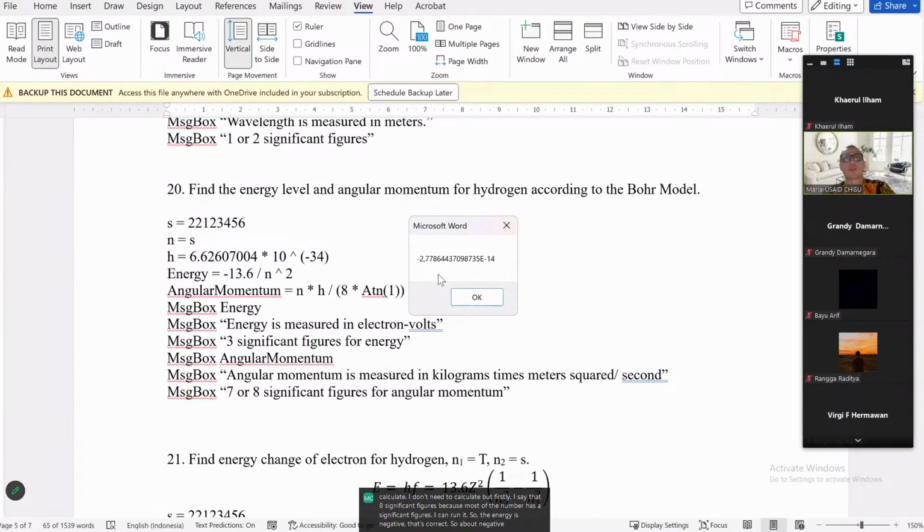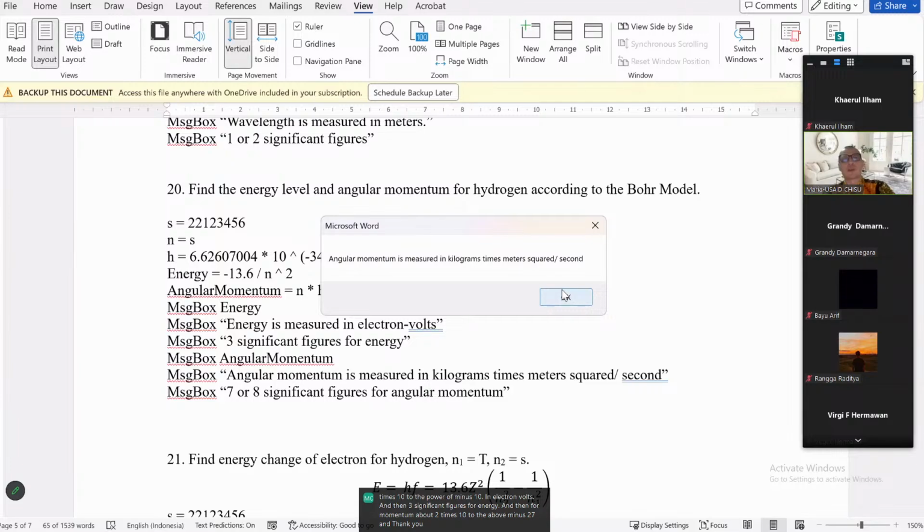About negative 3 times 10 to the power of minus 10 electron volts, and 3 significant figures for energy, and then for momentum, about 2 times 10 to the power of minus 27, and angular momentum is measured in kilograms times meters squared, sorry, divided by second, and 8 significant figures for angular momentum, yeah?